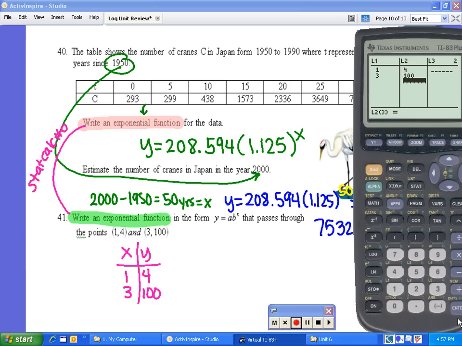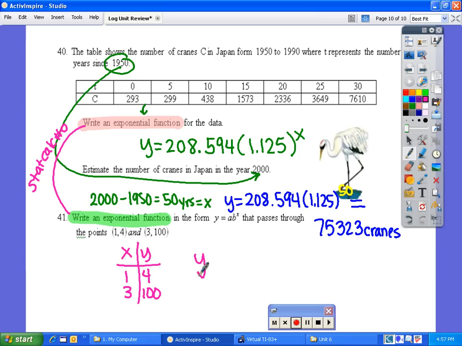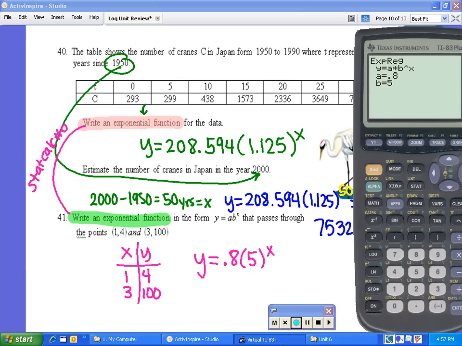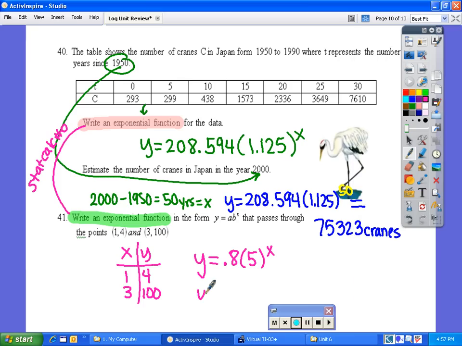So you put them in, go to StatCalc 0. And you have your exponential function. Now, if you want to be nice, you can change that 0.8 to a fraction, but you won't have to, because most likely this will be a multiple choice. So you'll have to look at the multiple choice to decide what to do.